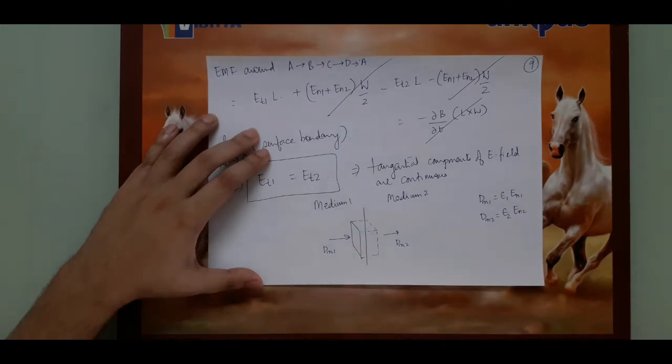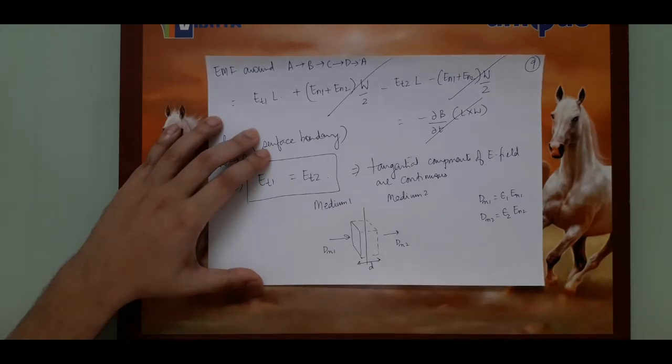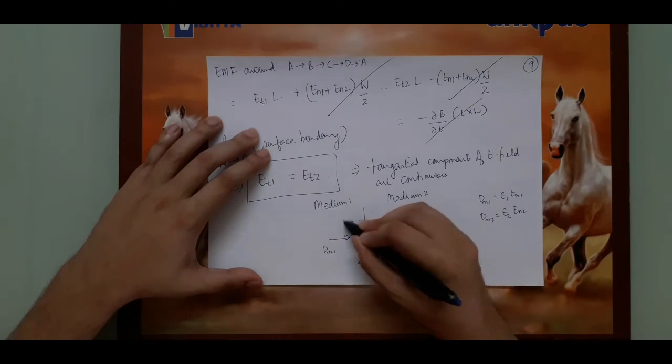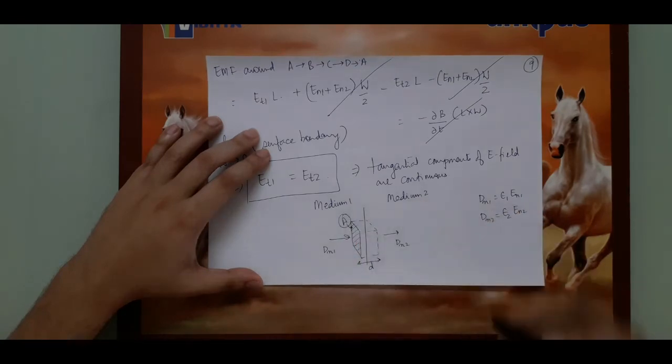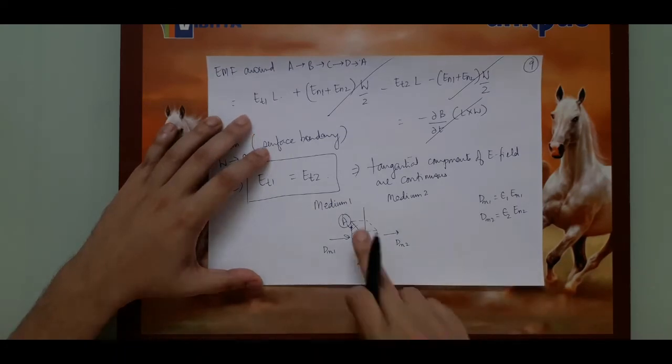This Dn1 is incident on some surface and Dn2 is coming out of the other side of the surface. Let this distance be d and the cross-sectional area be A. So in that case, if I apply the Gauss law through this closed surface, what will I see?